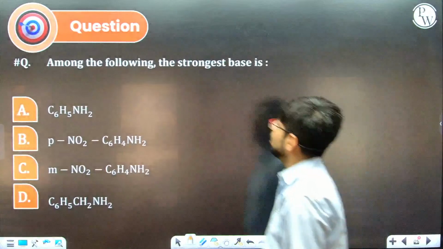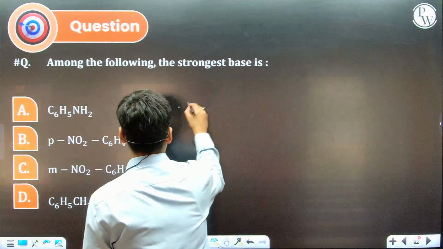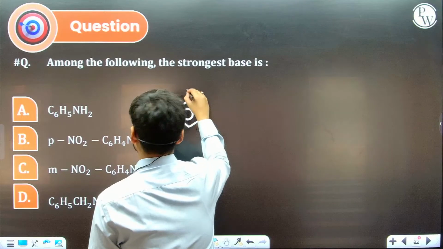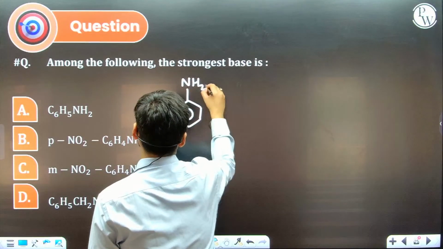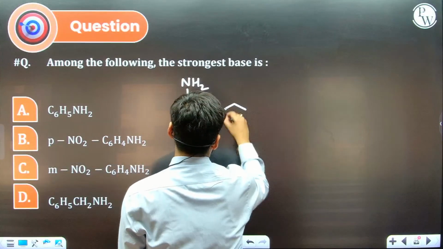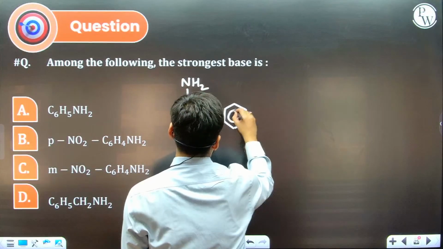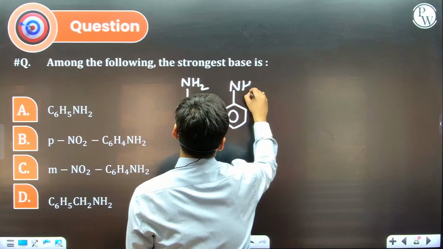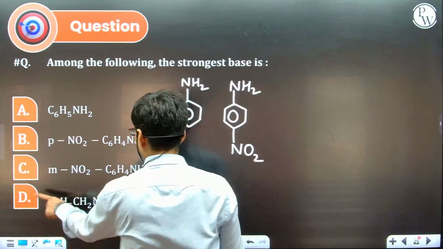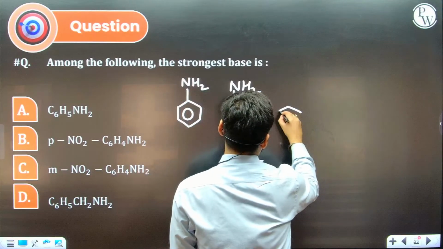Next question. Strongest base is. Let's draw the structures of these. This is the first one. This is option A, aniline. Para nitroaniline. So para nitroaniline is this. Meta nitroaniline.